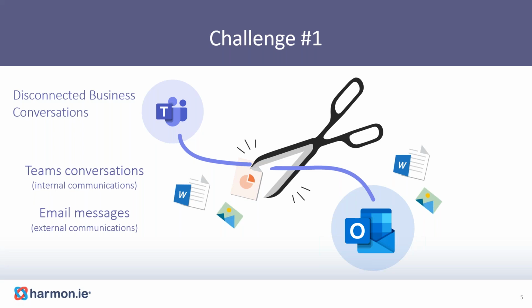Teams is replacing that, and that's great, and we do that ourselves even here at Harmony. We're heavy users of Teams, and we've really embraced it. But the fact of the matter is that you still have to use email as well, whether that's sending or receiving important communication or documentation by email, maybe with your clients and your customers or your suppliers.